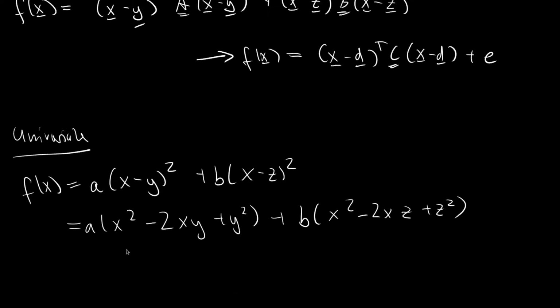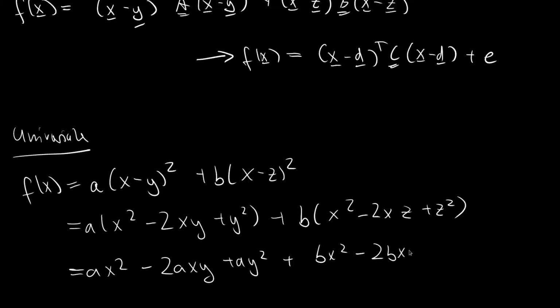And then let's multiply the coefficients with their respective brackets, and we're getting ax squared minus 2axy plus ay squared plus bx squared minus 2bxz plus bz squared.